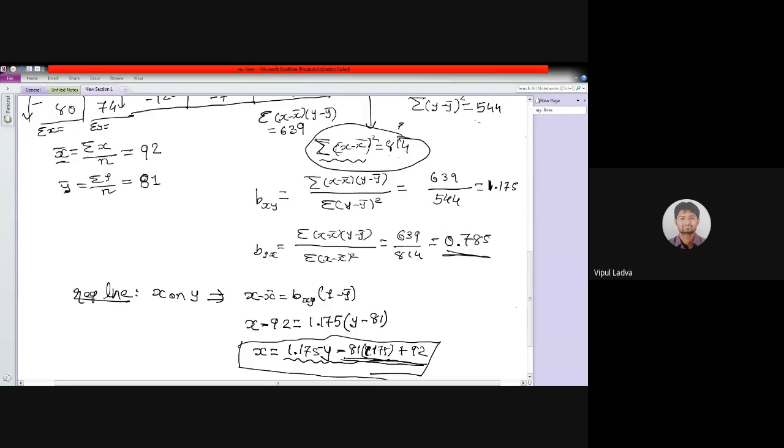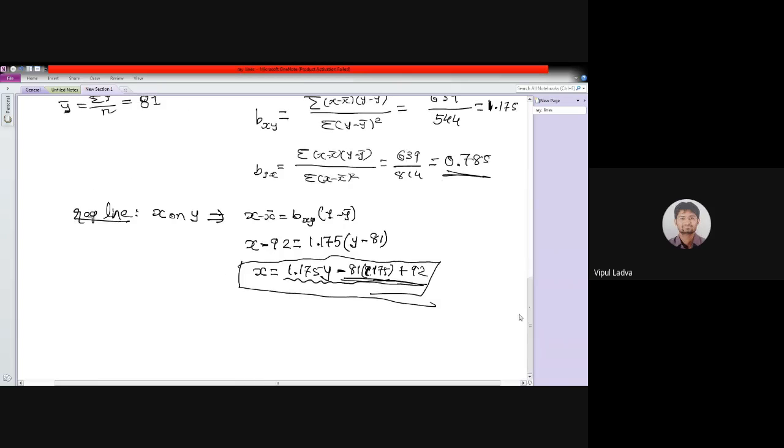So once we have both the regression lines and both the regression coefficients, one of the data that we require is the coefficient of correlation, which we are habituated to denote with R, or we may use the notation RXY. We know that the coefficient of correlation is nothing but the geometric mean of both the regression coefficients, so bxy into byx.